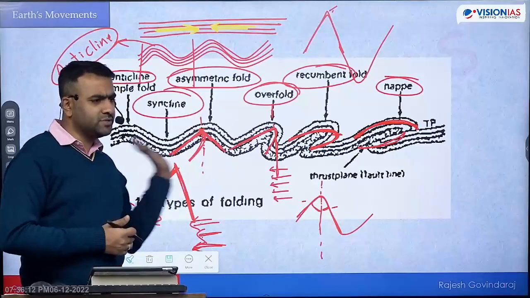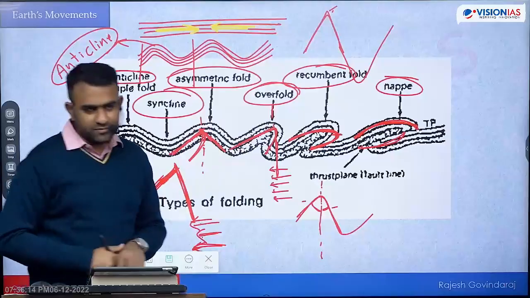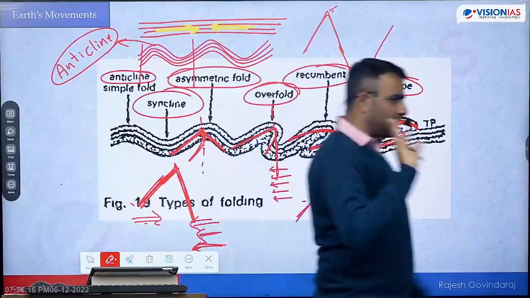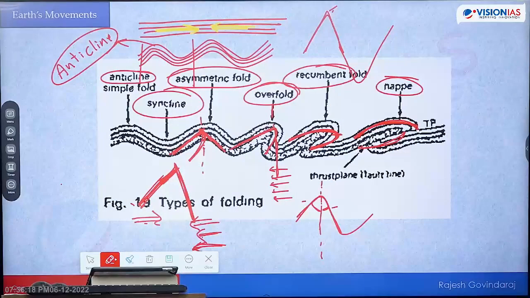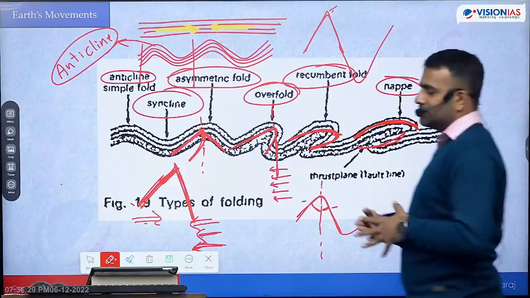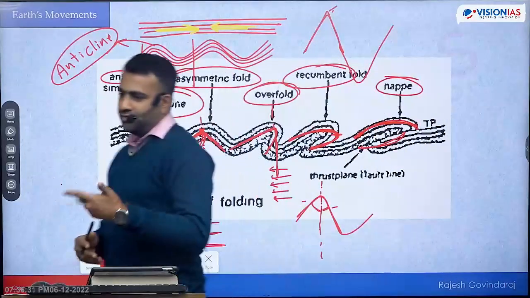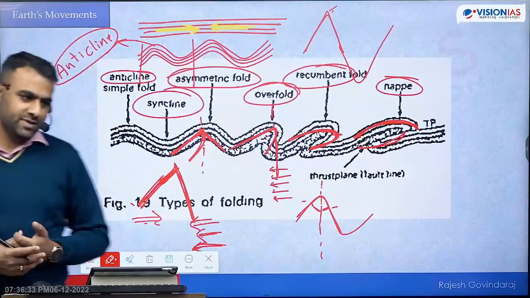These are the different types of folds. Is that clear? First we have anticline and syncline, two parts of a fold. The upfold is called an anticline, the downfold is called a syncline. In a single fold, with two limbs, if both are inclined at the same angle, it is called symmetrical. If both are different, asymmetrical.